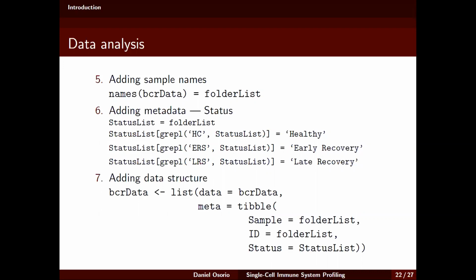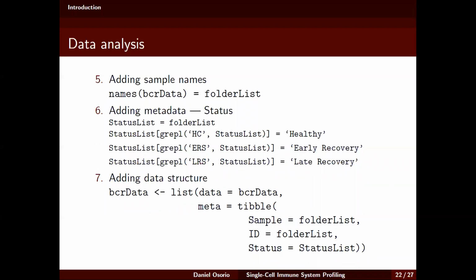And at the end, we are going to put it all together. We are going to put the data and also the metadata into just one data structure called a list. So we are assembling this in order for it all to be together and for the package to recognize the final structure of the data.